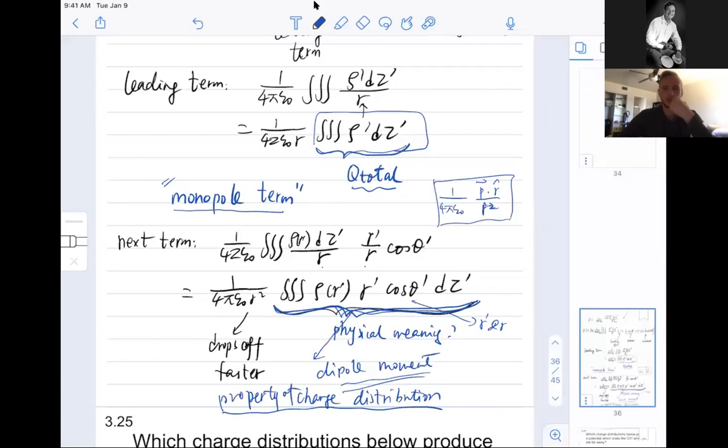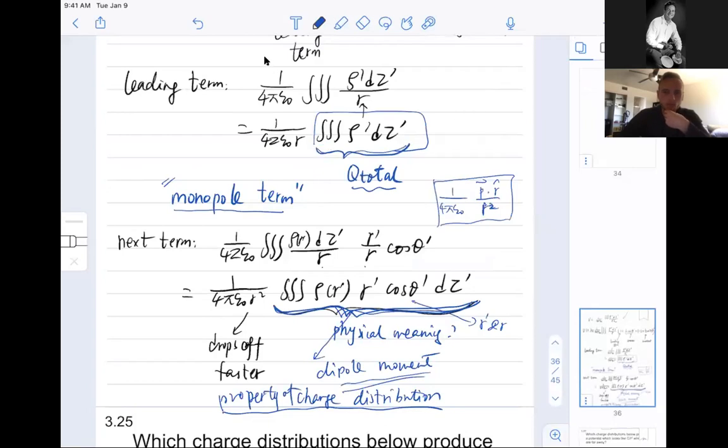And it is describing the charge distribution in the sense that it can be orientation dependent. It can depend on your choice of coordinates. Especially when your net total charge is not 0, then the dipole moment is not well defined, because if you change your coordinates, you have changed how charges are distributed around your origin. So you should expect your dipole moment to change. Okay, so this is a feature describing charge distribution in general.